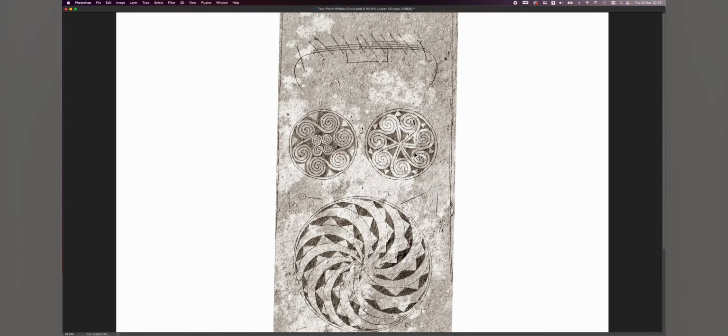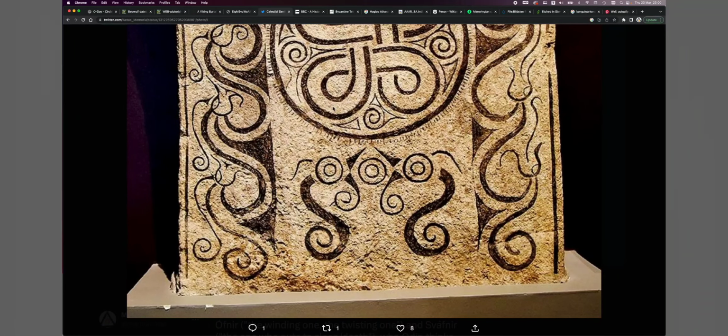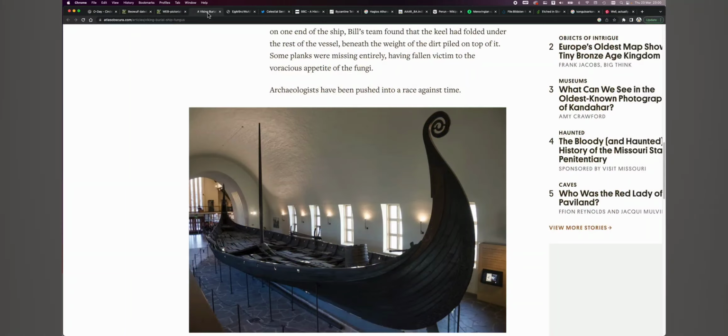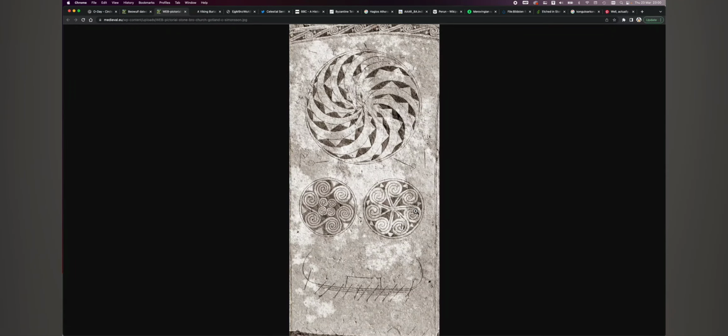And what I've done here is I've actually flipped it. I flipped it because in our pyramid, our breaker is on the right and our maker is on the left. And so we go back to here. This is the original orientation.